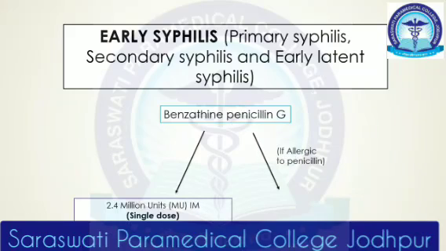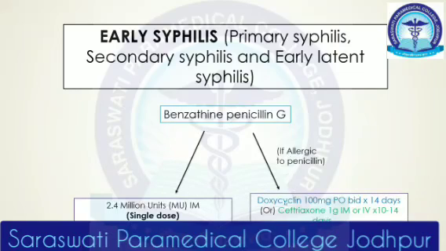Alternatively, if a patient is allergic to penicillin or can't tolerate intramuscular penicillin, then a drug called doxycycline at a dose of 100 milligrams orally is given twice a day for 2 weeks.